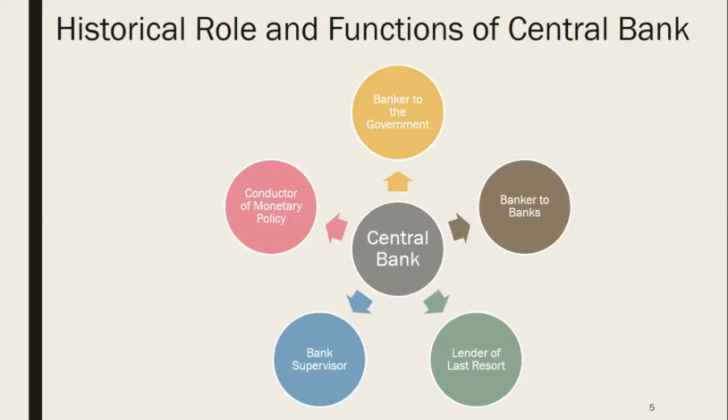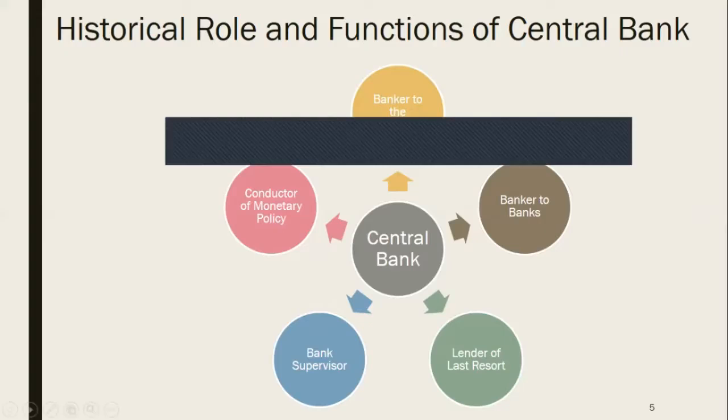And the central bank's monopoly to issue bank notes made the commercial banks become clients of the central bank. So that is banker to banks. So it was banker to the government and banker to banks as well. Thirdly, lender of last resort. In other words, it means protector of the financial system.